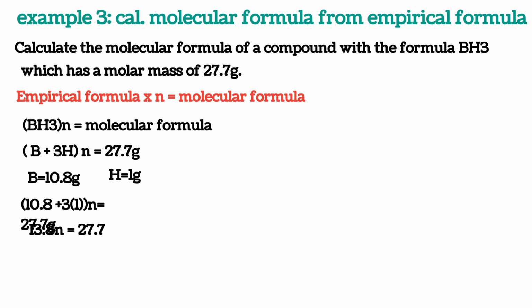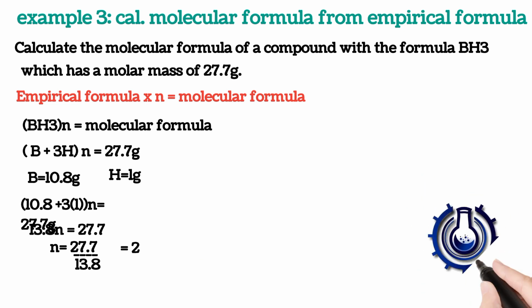If you open your brackets, you get 13.8n equals 27.7 grams, so n is equal to 27.7 divided by 13.8, and n is equal to 2.